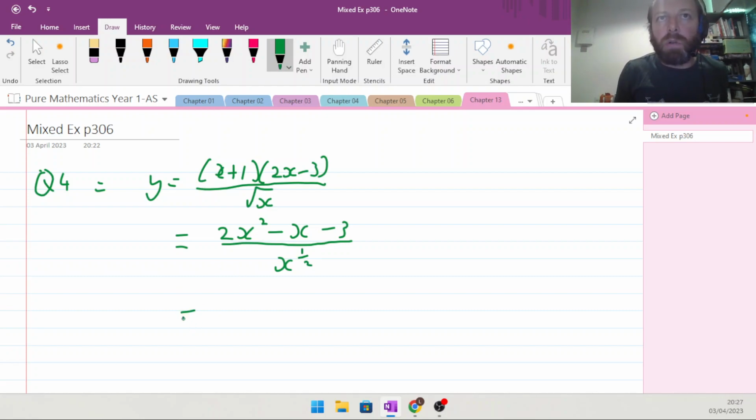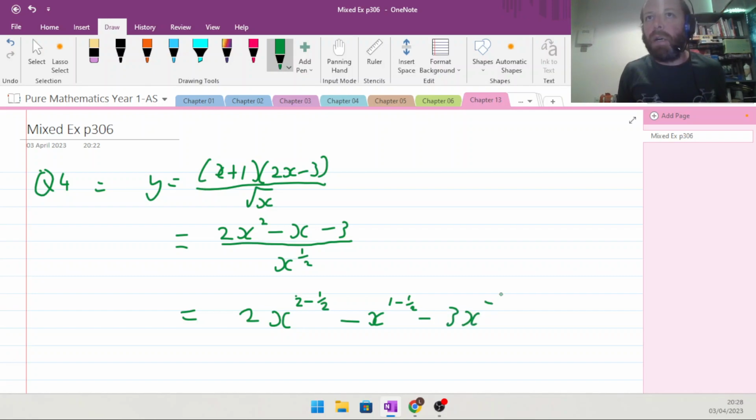Alright, so as you come up here, we can make that into 2x, and remember, when you're dividing on the powers, you end up with 2 minus a half, so we end up with 1.5. So that's going to be, we'll write it out like this: minus a half minus x, 1 minus a half, minus 3 times x to the power of minus a half.